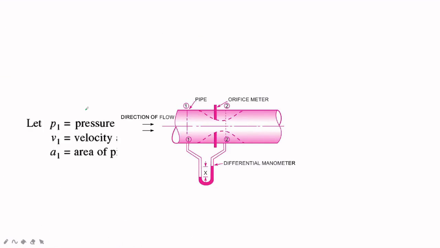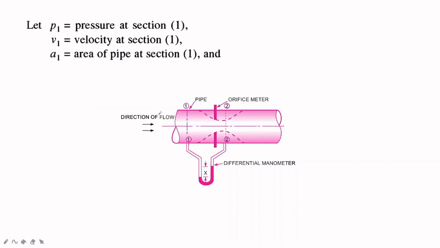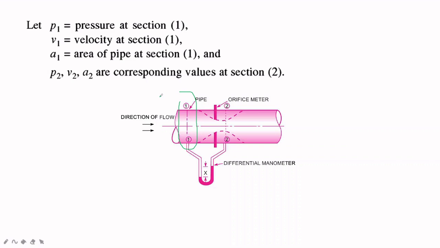So we'll start our derivation. Let P1 be the pressure at section 1, V1 the velocity at section 1, and A1 the area of the pipe at section 1. Similarly, P2 is the pressure at section 2, V2 is the velocity at section 2, and A2 is the area of the pipe at section 2.